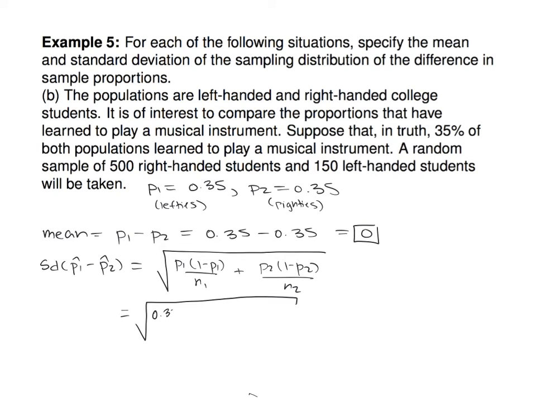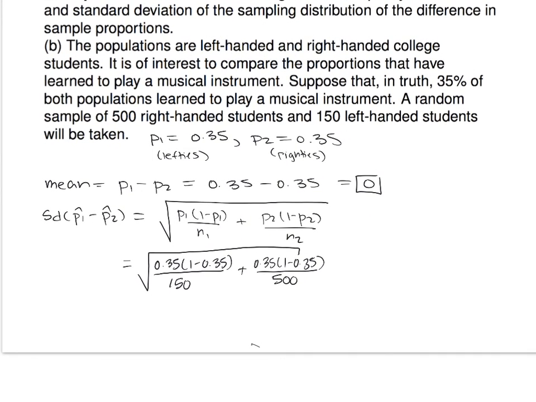Which is 0.35 times 1 minus 0.35 over N1, which if we're going with N1 as lefties, that was a sample size of 150, plus 0.35 times 1 minus 0.35 over 500. This comes out to be approximately 0.044.